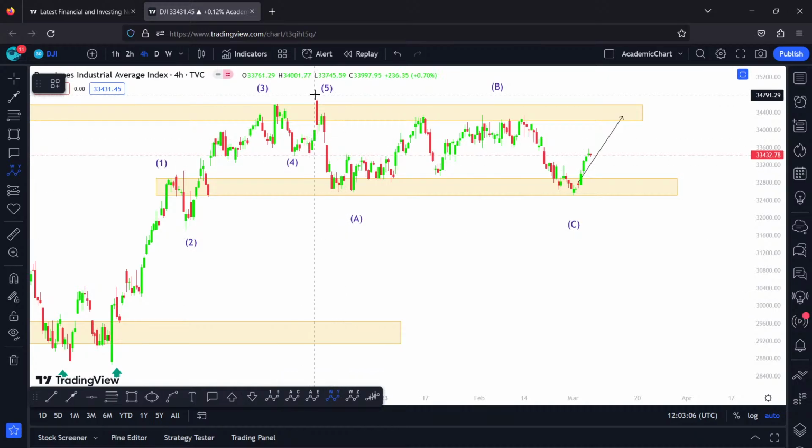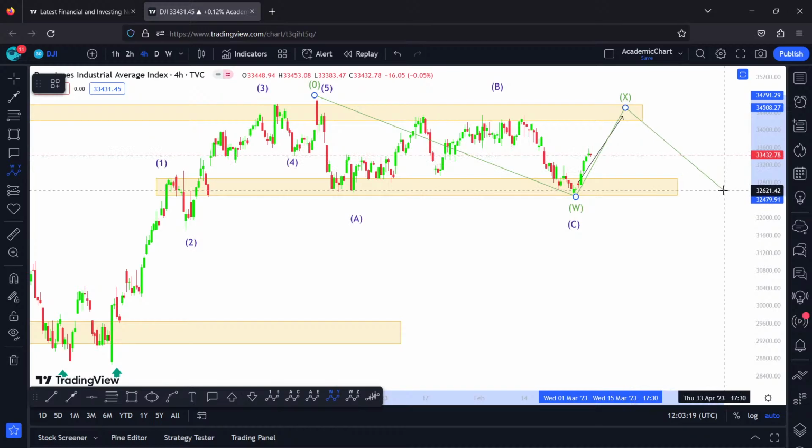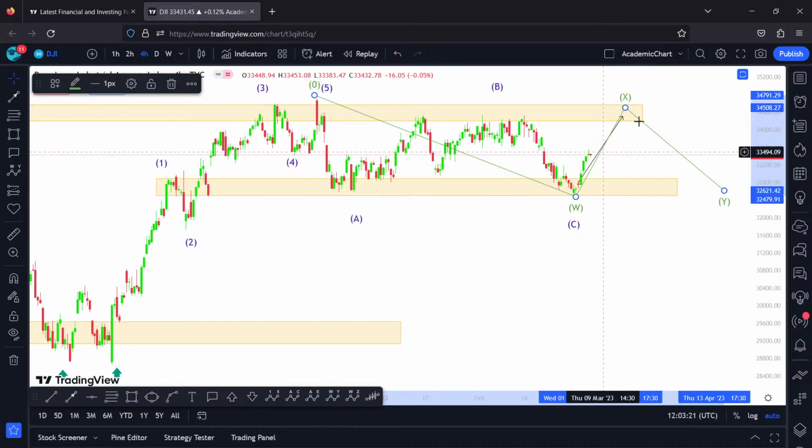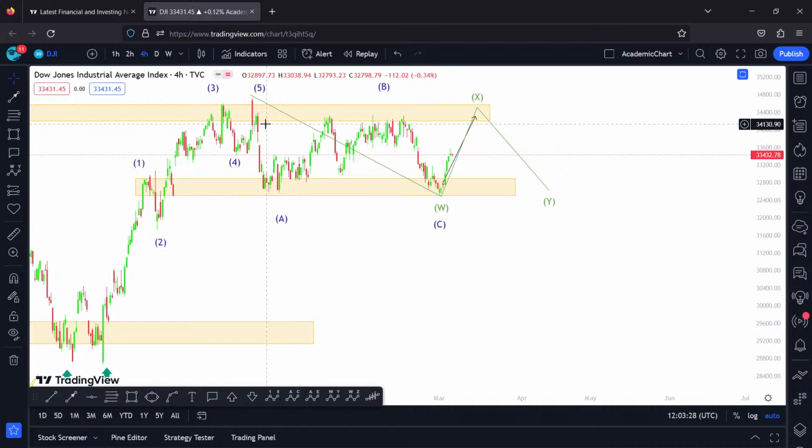So this whole ABC might be W. Then we can have an X as the link, and we can have another ABC here playing around as a double flat. So this whole ABC can be a W, one X to link it, and then Y. Also, it can be continued. It is not just this one, it can be continued.